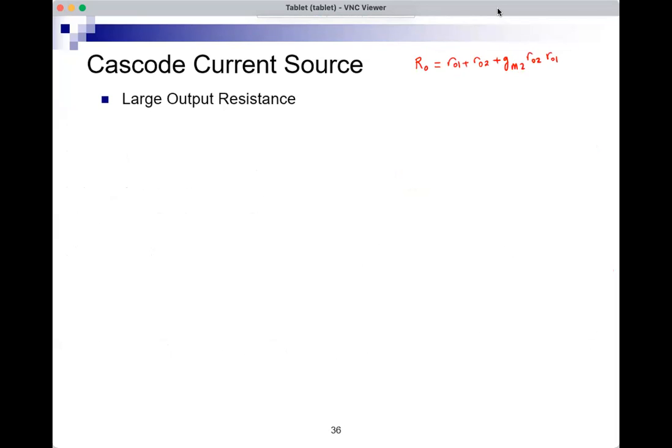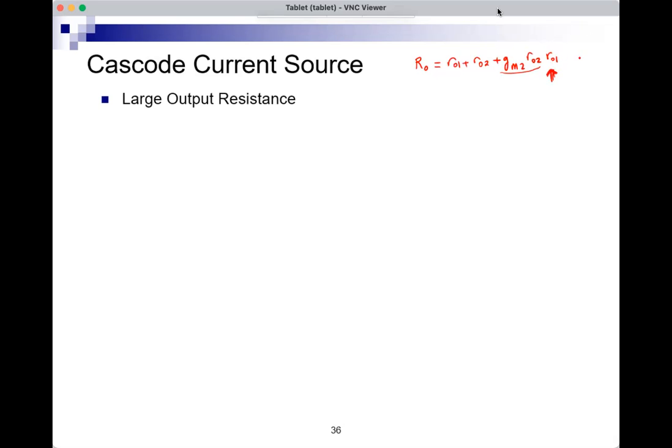And this is interesting because if I have a single MOSFET, the output resistance is just rO1. If I have a cascode, so two MOSFETs, what am I getting? Am I getting like rO1 plus rO2 or what?